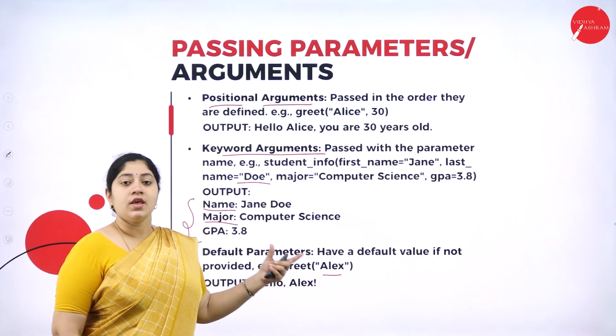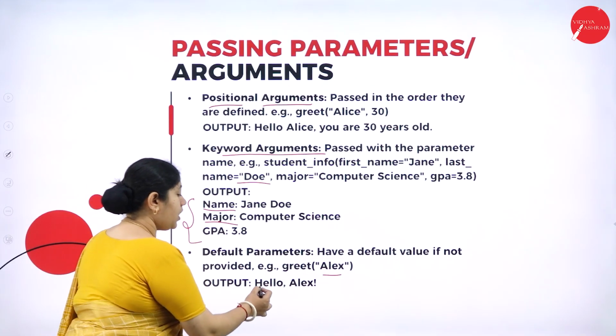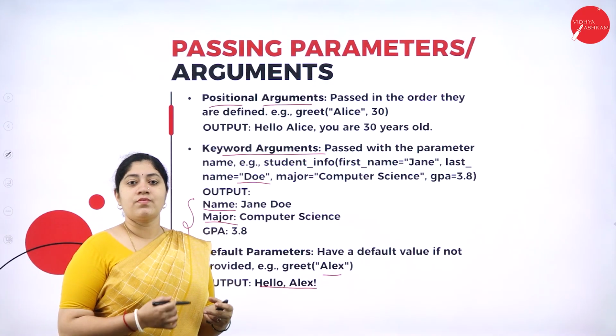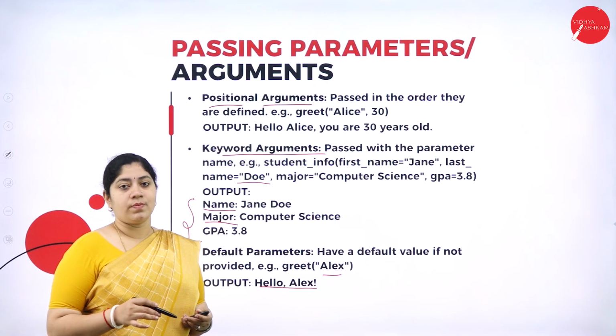This is printed in the output as hello Alex. So these are the various types of passing parameters or arguments.